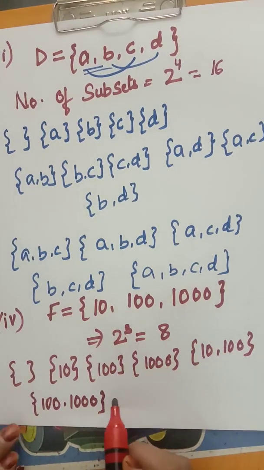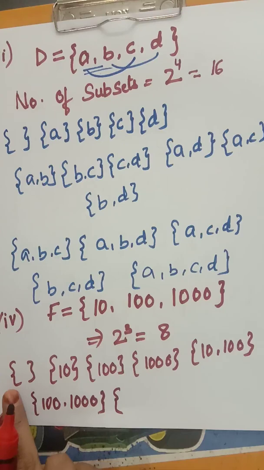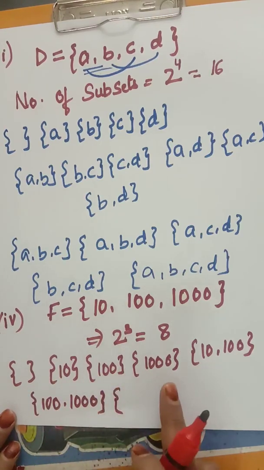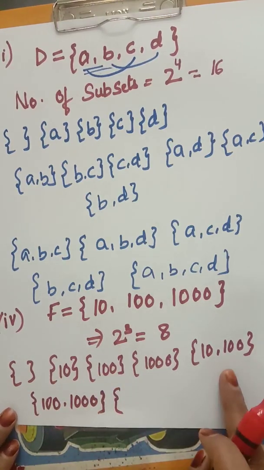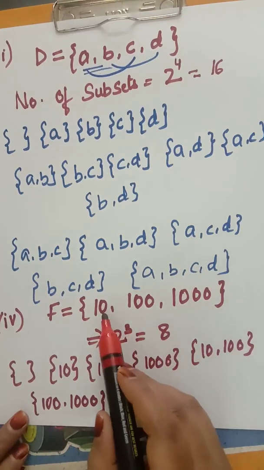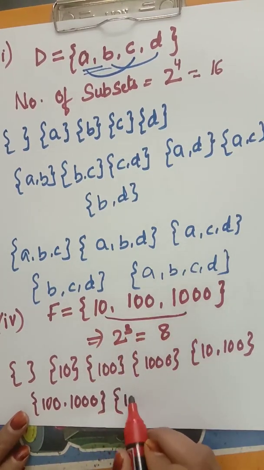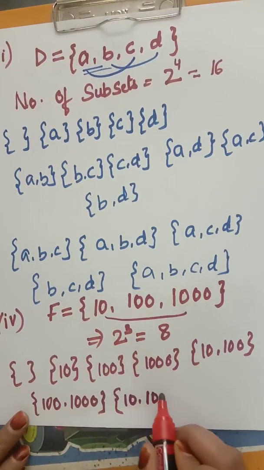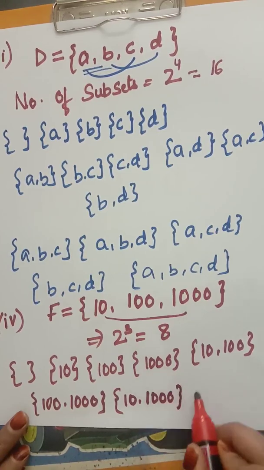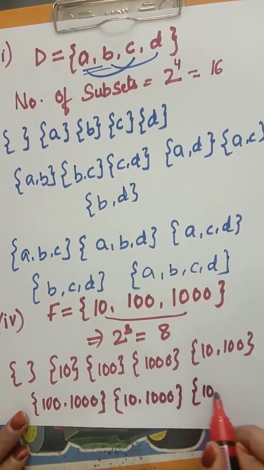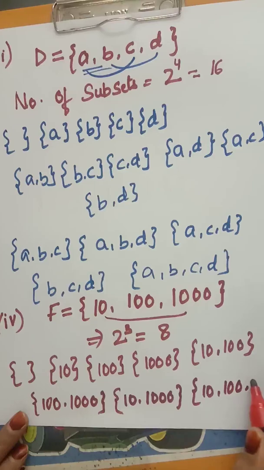Then the full set 10, 100, 1000. Also 10, 1000. And last one, all three, that is 10, 100, 1000.